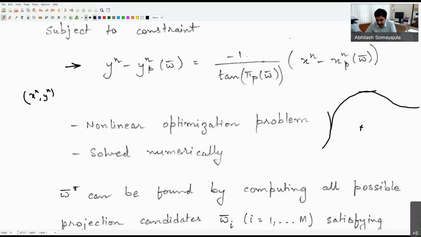Say the path looks something like that. At both these points, I can make sure that the normal passes through this point xn, yn, which is where my craft is. So my xnp of omega bar could be either here or it could be here. I have to find out which one I'm corresponding to.